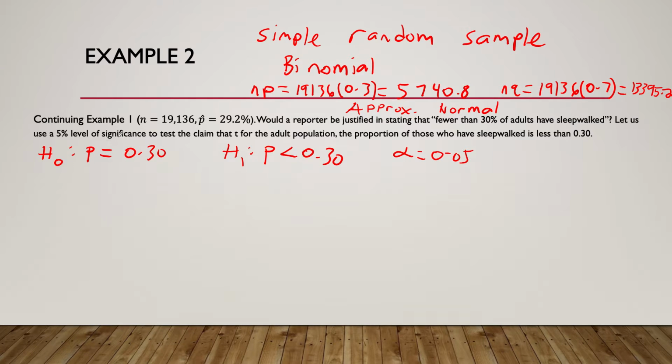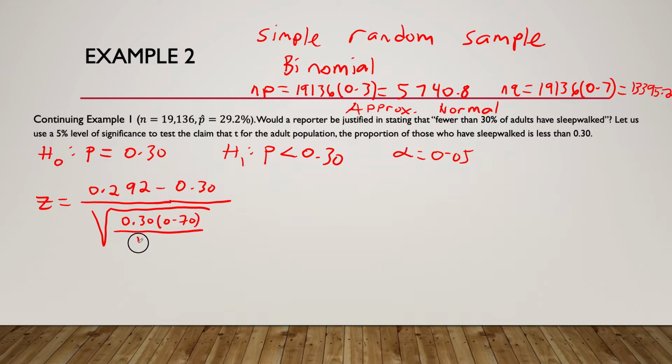If we were to toss this into the formula, or into SAS, and we don't need the formula, but this would be z is equal to 0.292, which is what p hat was, minus 0.30 divided by the square root of 0.30 times 0.70 divided by 19,136.